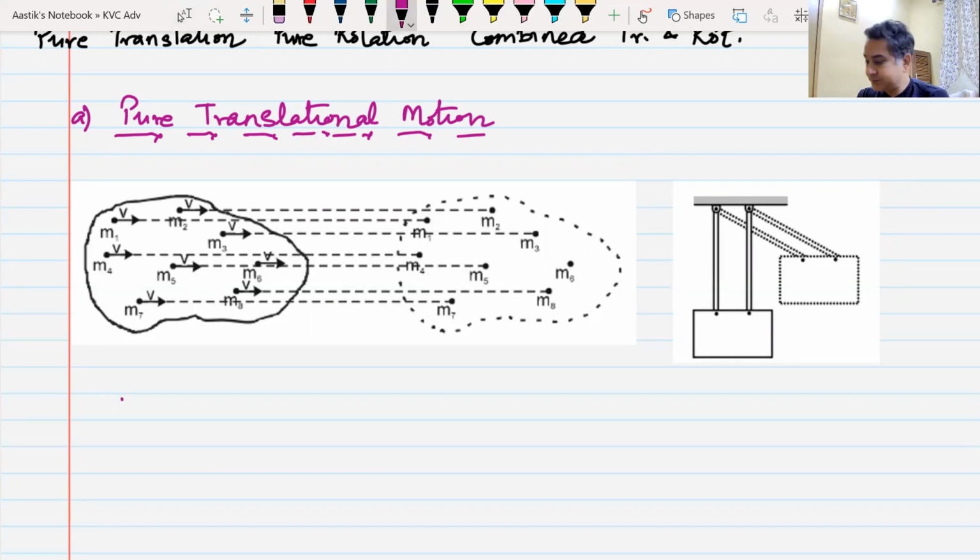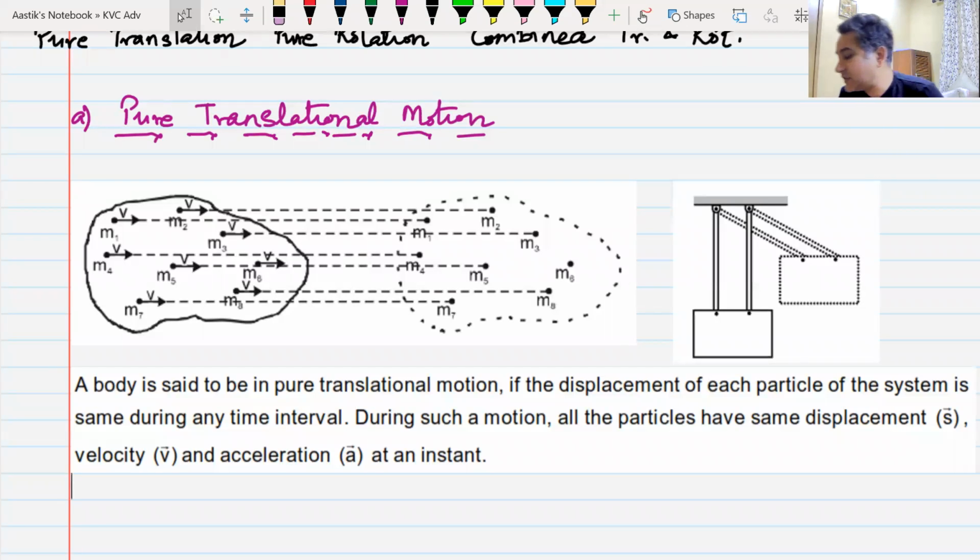You take any particle on the body, and you take every particle on the body. If the velocity, displacement and acceleration are always the same, all particles of the body have the same velocity and the same acceleration at all times, then the motion is known as pure translation.